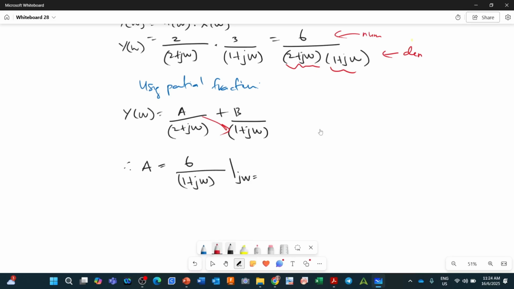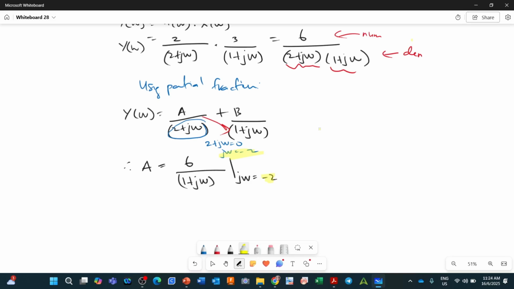So how do you get that? You take 2 plus j omega equal to 0, so j omega equal to minus 2. That's where you insert minus 2 inside here.